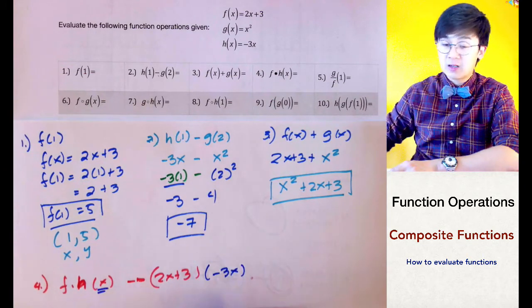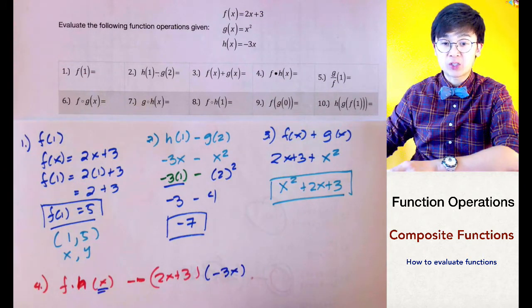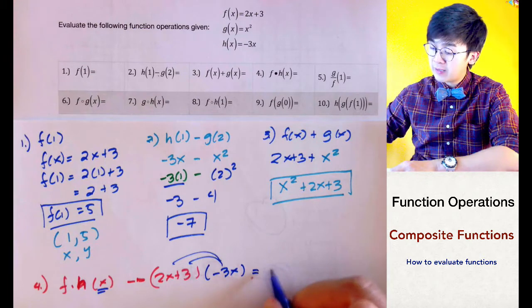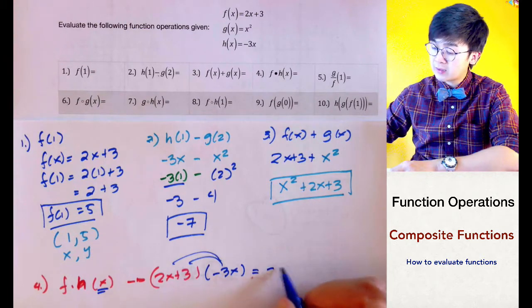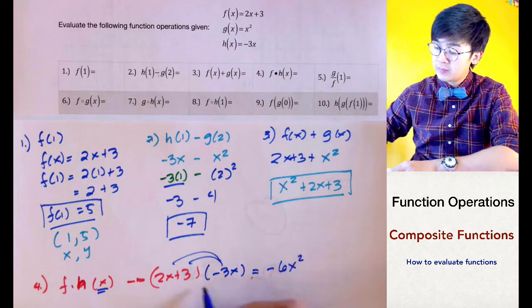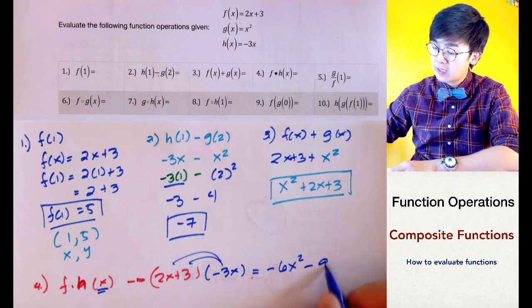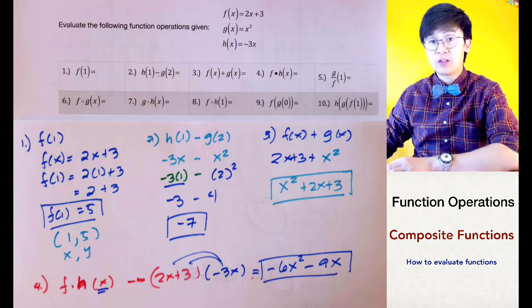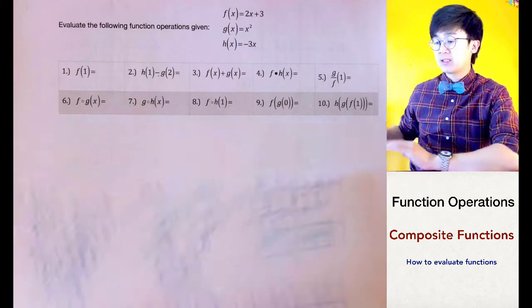Since the parenthesis is just an x, all we have to do is simplify the expression by the distributive property. So we'll have negative 3x times 2x is negative 6x squared, and minus 9x. So this is now the function f times h of x.